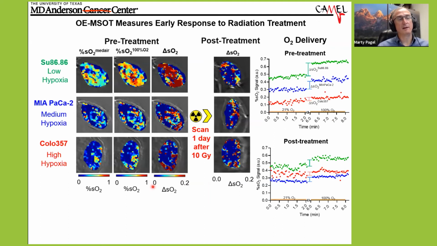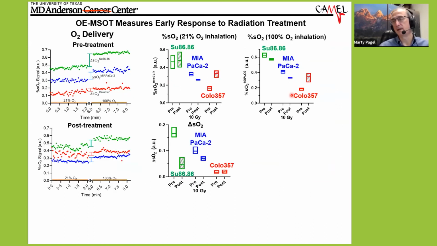And that can be seen here. I won't dwell on this data because it is a bit complex to see all these maps and the subtraction and so on. But we do get data showing this delta SO2 and the percent SO2s with the two different gas carriers. What I'd like to focus on is this, because this really tells the story.